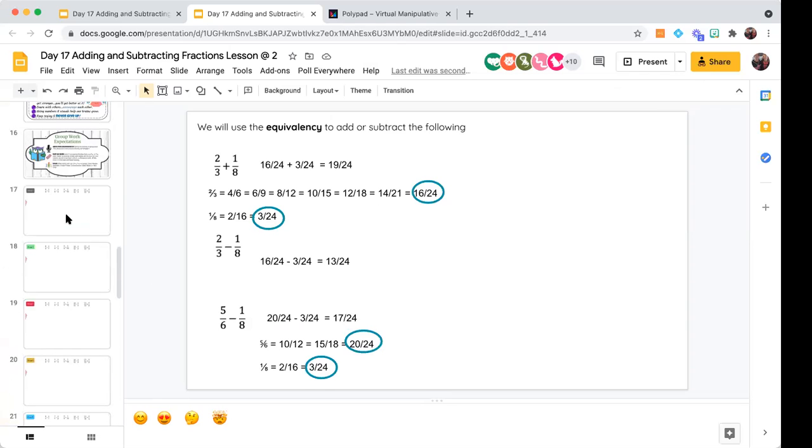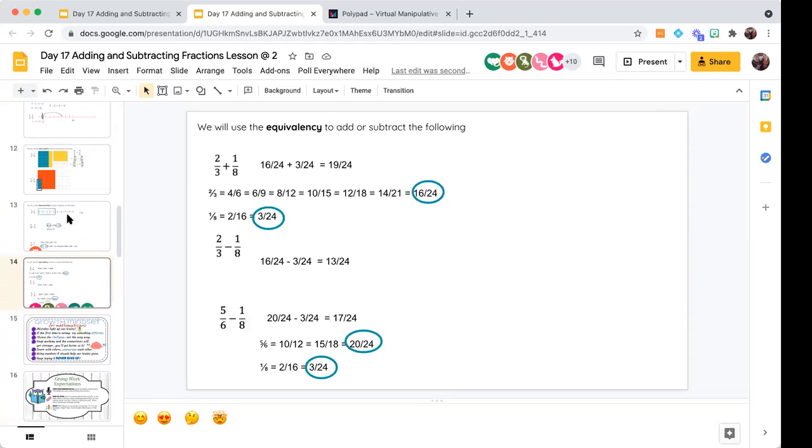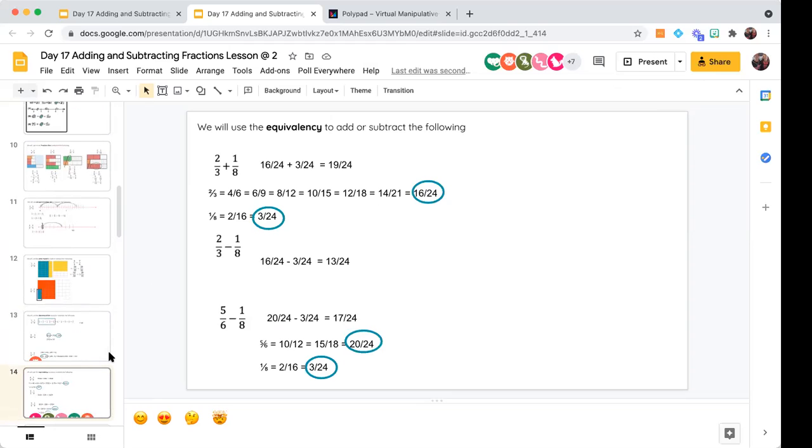We will pick up on slide 17 on Wednesday together so that you have enough time to practice these 5 different strategies for adding and subtracting fractions. But what I want to know in the chat box for our exit ticket today is: have you seen or used these strategies before, and explain.